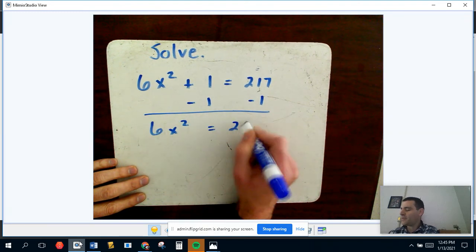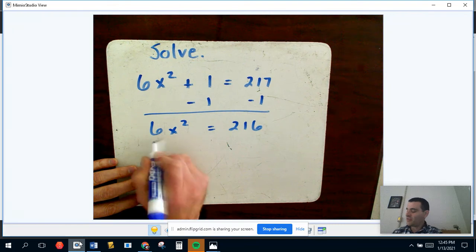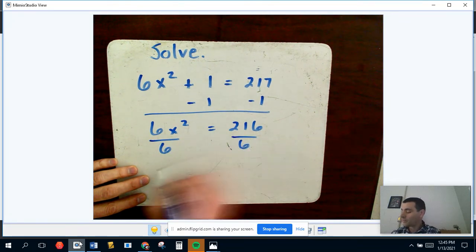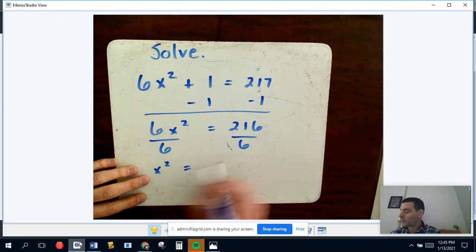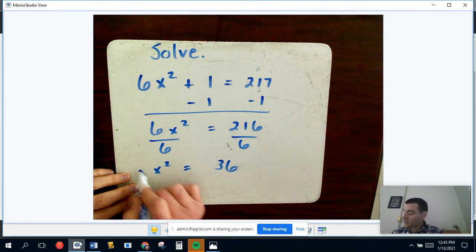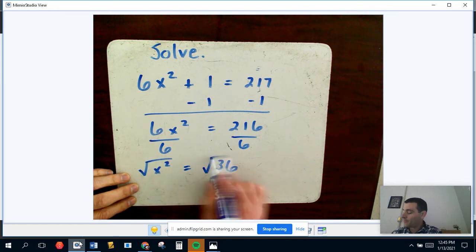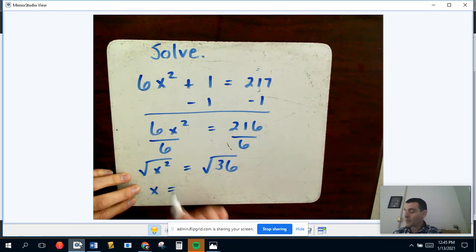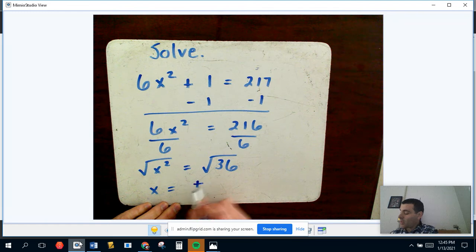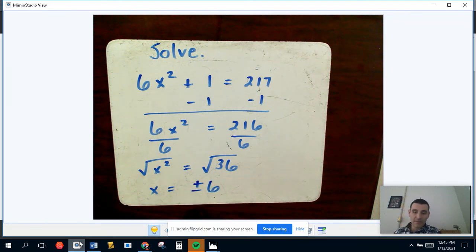Okay, easy enough. Naturally divide. And take the square root. Again, this is technically the absolute value of x. But we can say plus or minus 6.